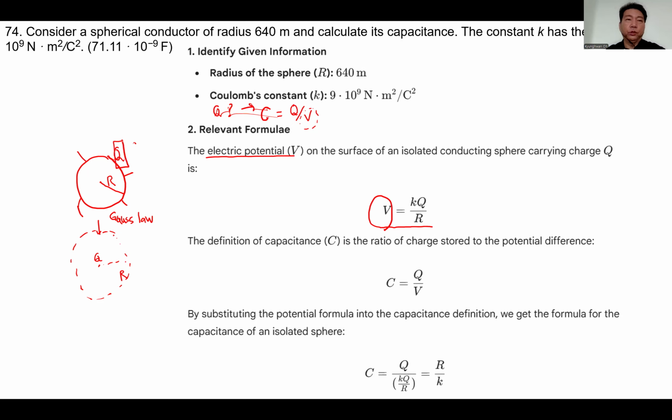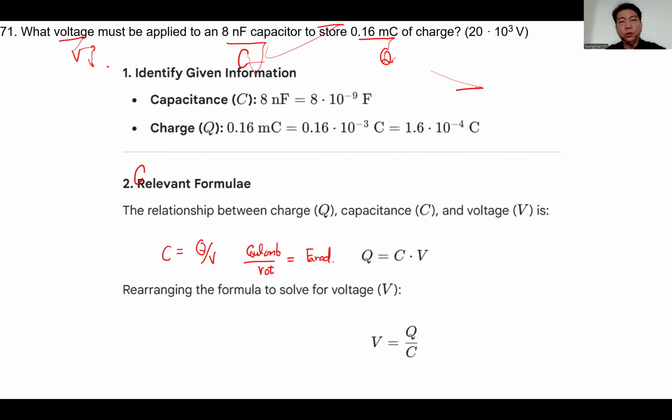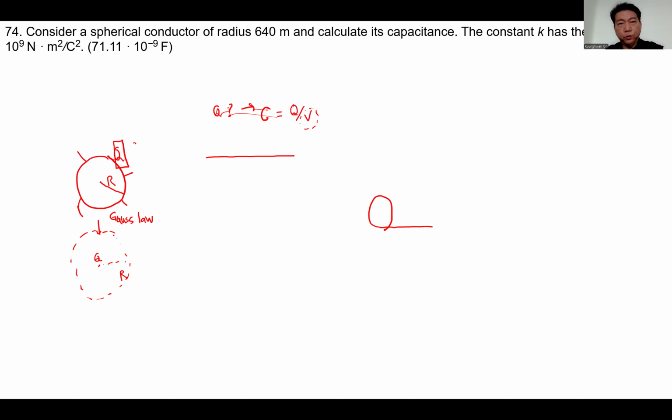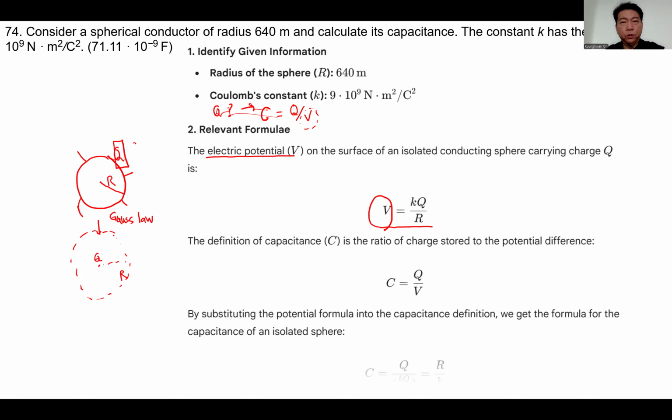So please look at the logic. In the previous example, we are given a charge and voltage, and you can find the capacitance. But in this case, we are not given any charge at all. So we are going to assume there is a Q on the surface of the conductor, and for that assumption, we find the potential.